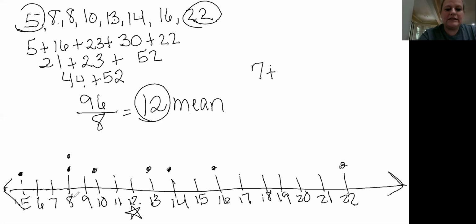Plus 8 is 1, 2, 3, 4 from the mean, and there's 2 of them. 10 is 2 from the mean. 13 is 1 from the mean. 14 is 2 from the mean. 16 is 1, 2, 3, 4 from the mean. And 22 is 10 from the mean.